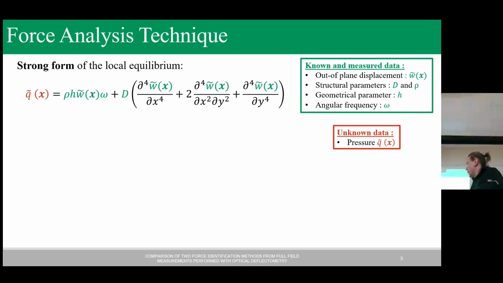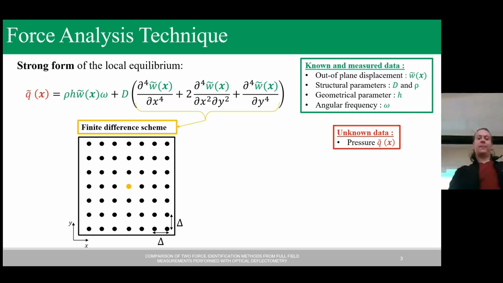To do so, FAT estimates the fourth order derivative operator, underlined in yellow, with a finite difference scheme. So let's imagine that you have a measurement mesh like the one shown on the screen.